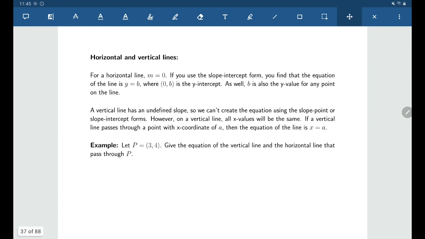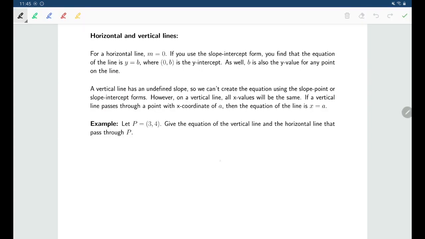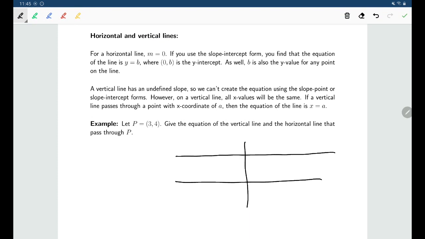For horizontal and vertical lines, those are actually fairly easy to give equations of. For a horizontal line, if we're thinking about how we could describe any sort of a horizontal line, you could describe it in terms of the y values. Any point that you pick along this horizontal line will have the same y value as any other point along that horizontal line.